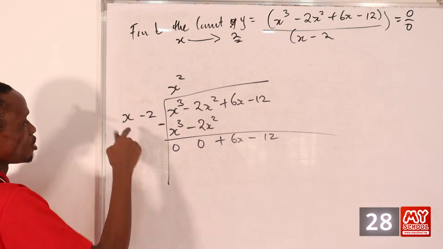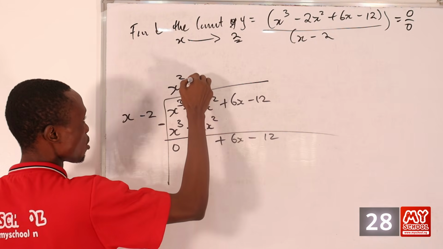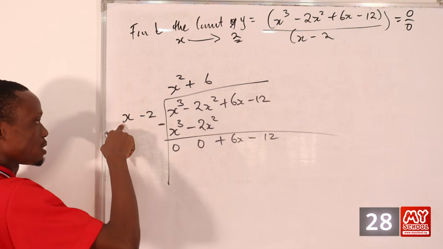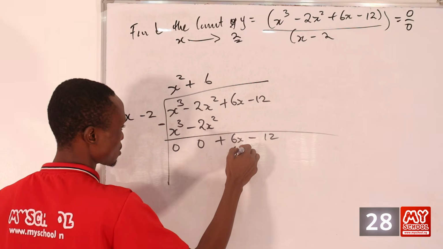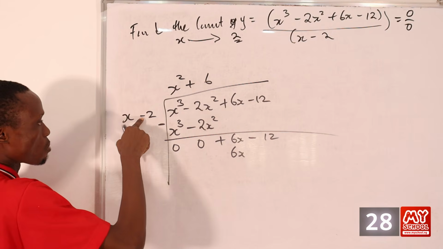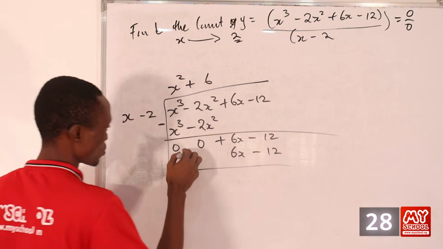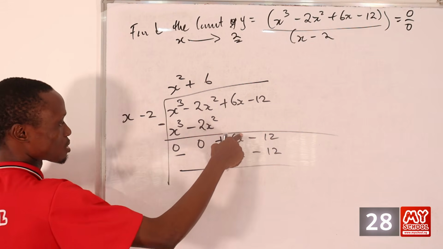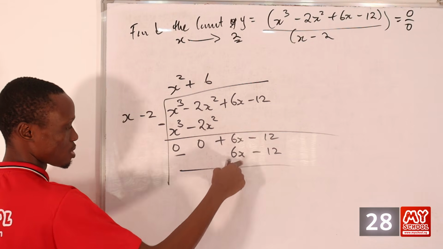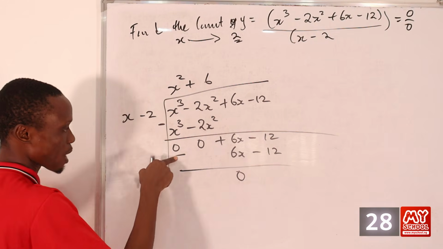So we divide again. x divided into 6x gives us plus 6. Then we use this 6 to multiply x, which gives 6x, and 6 times minus 2 gives minus 12. We subtract again. 6x minus 6x is 0, then minus 12 minus minus 12.